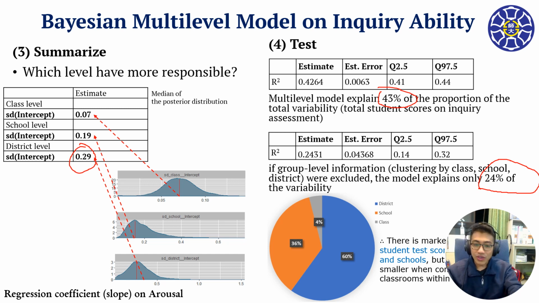So we also tried to understand, if we count it as 100%, which one has more variability. We can see there is much variability in district level, but in school and class it is really less. Class is even less than school level.